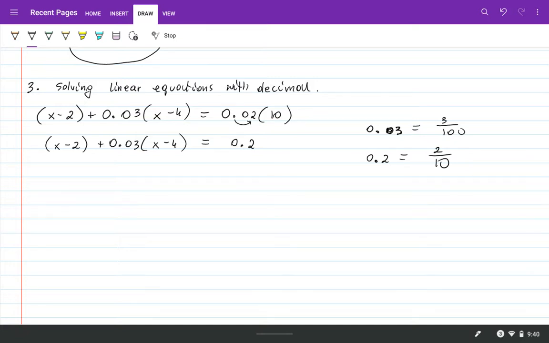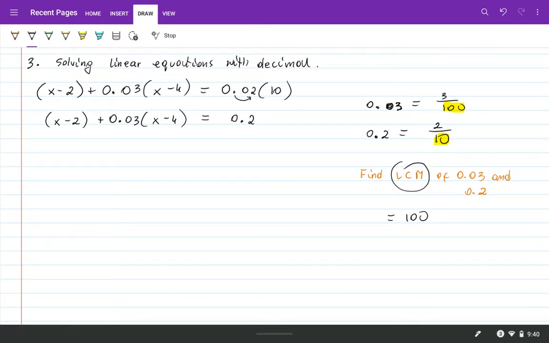Now, again, you follow the same rules as when solving equations with fractions. So you have to find the lowest common multiple of 0.03 and 0.2. And as you guys see, the lowest common multiple of 100 and 10 is 100. So in this case, it equals 100. So that's the LCM.